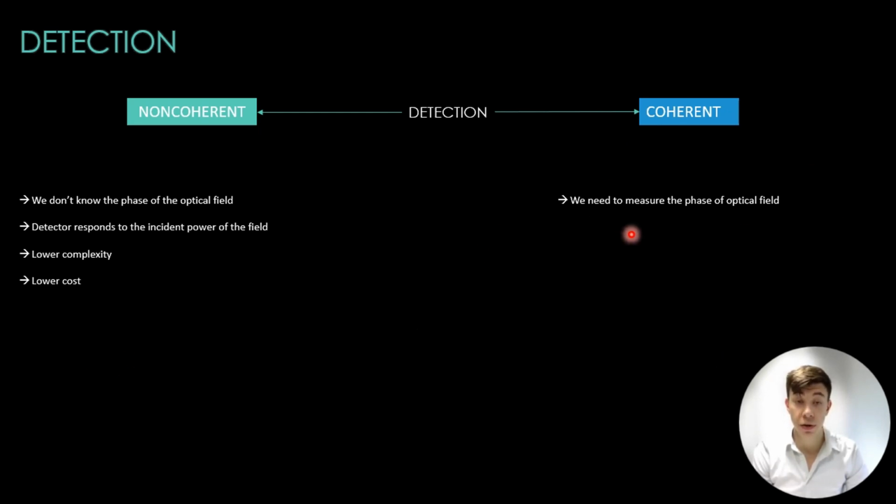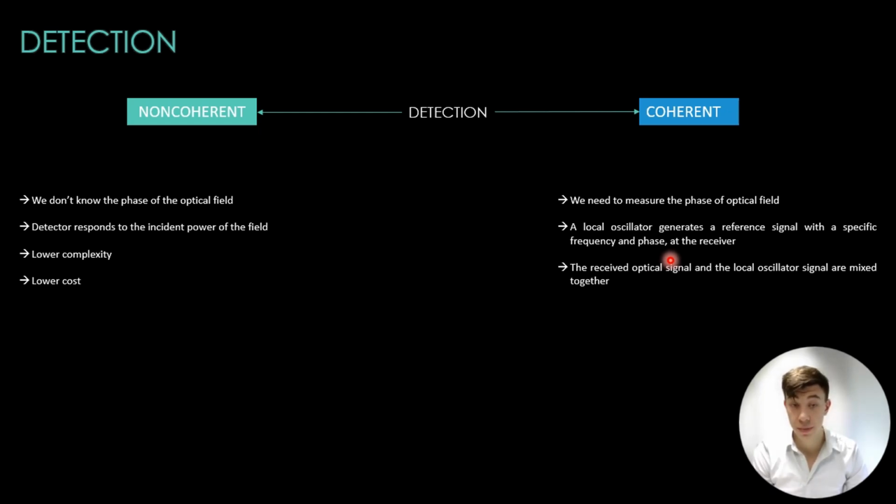On the other hand, coherent detection requires the receiver to measure both the amplitude and phase of the optical field. To achieve this, a local oscillator at the receiver generates a reference signal with a known frequency and phase. The received optical signal and the local oscillator signal are mixed together, allowing the receiver to extract both amplitude and phase information.